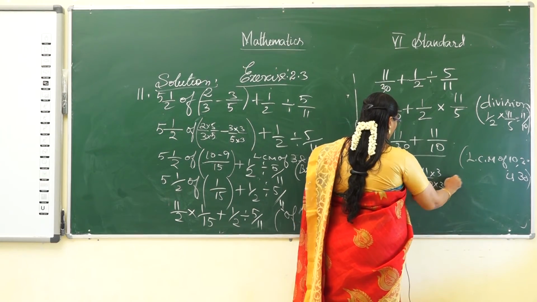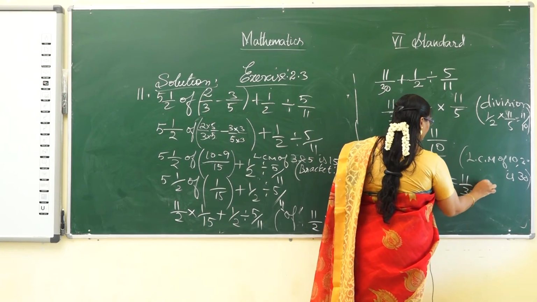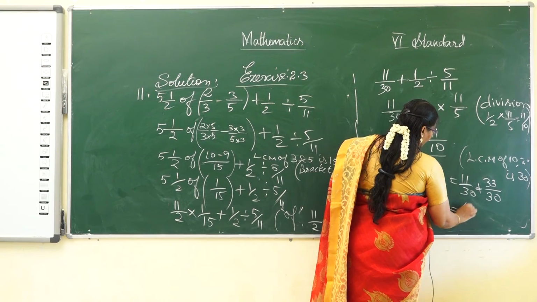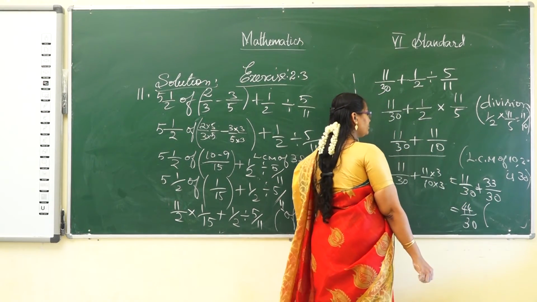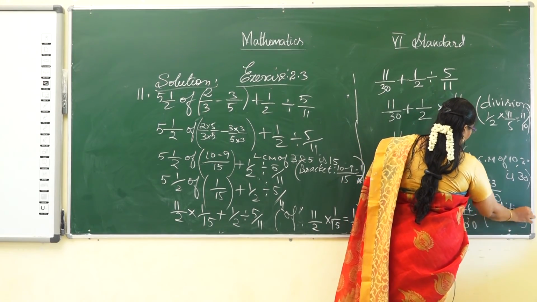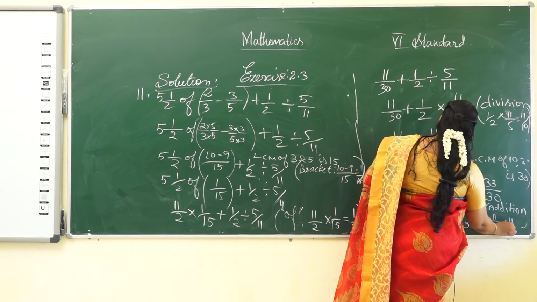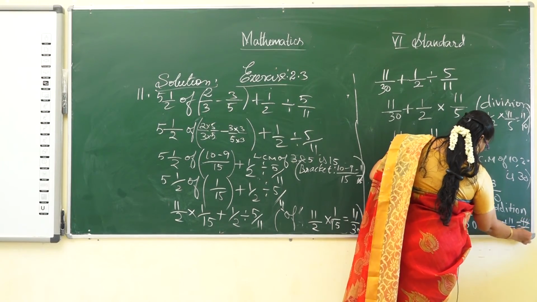We get 11 by 30 plus 33 by 30. The added value is 44 by 30. Addition of 11 by 30 plus 11 by 10 is equal to 44 by 30.